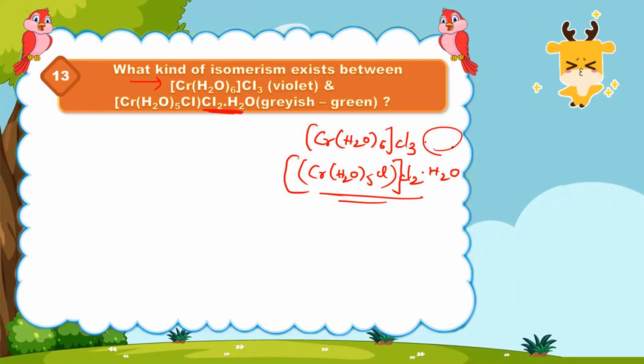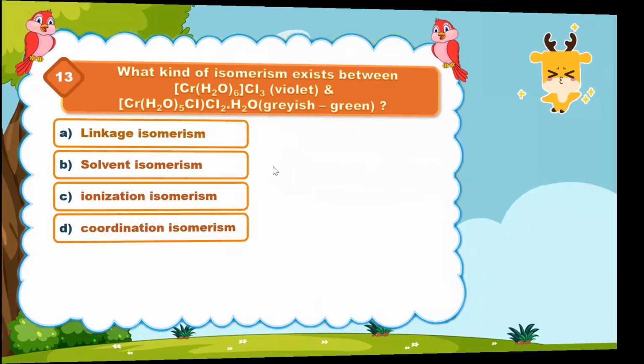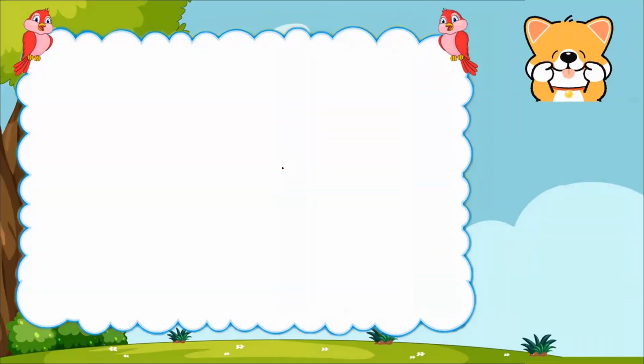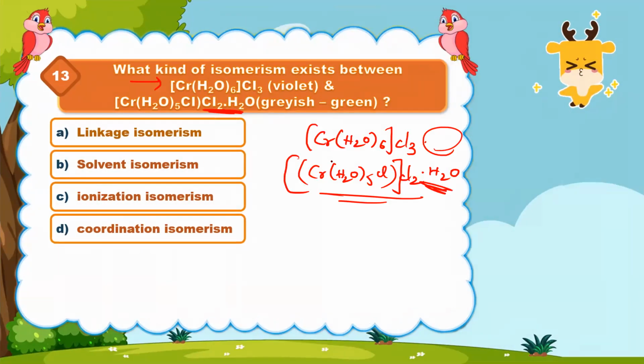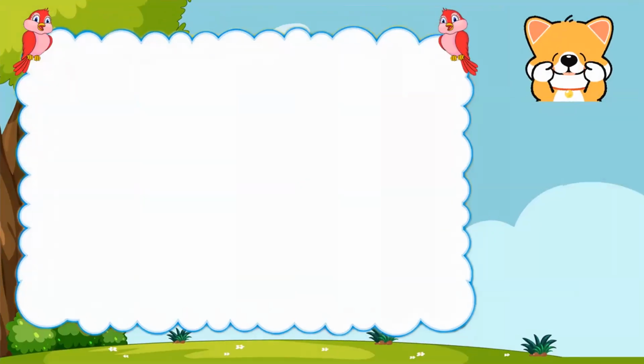Here outside there is no water molecule, and here one water molecule is present. So this comes under hydrate isomerism, because the water molecules are different. Even the chlorine is different here and here, but when both are there, you need to give priority to hydrate isomerism, which is also known as solvate isomerism.